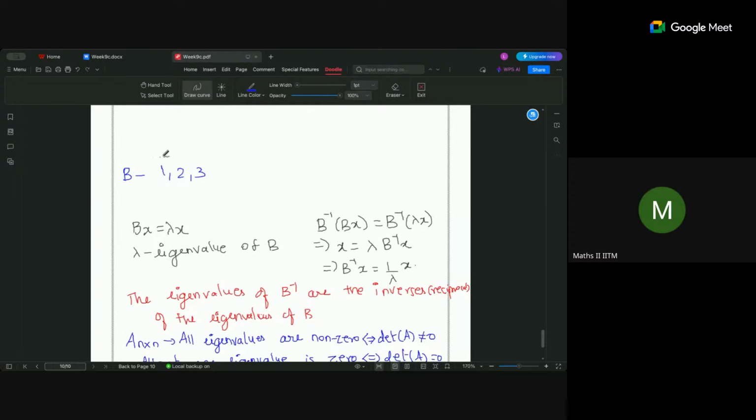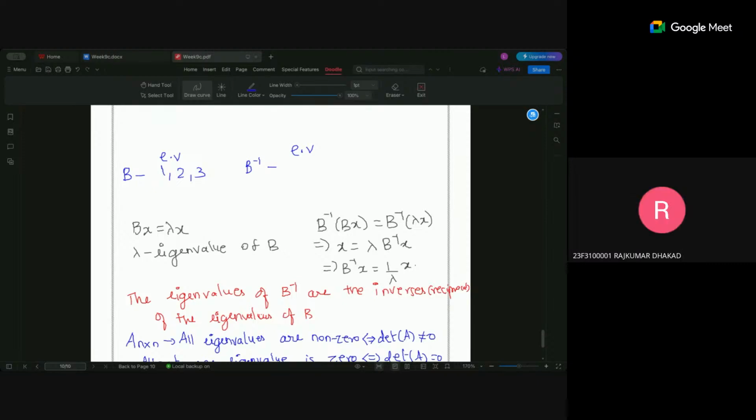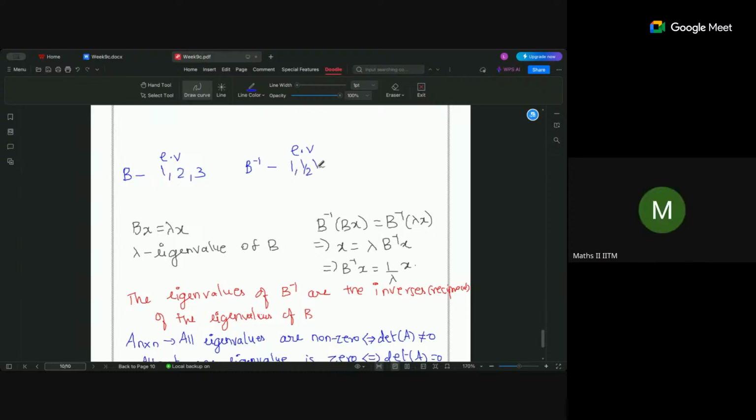So these are the eigenvalues of B. What are the eigenvalues of B inverse? Tell me the eigenvalues of B inverse. 1, 1 by 2, 1 by 3. Okay, so these are the eigenvalues of B inverse.